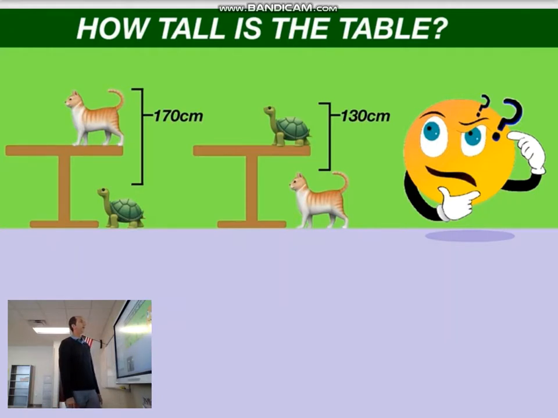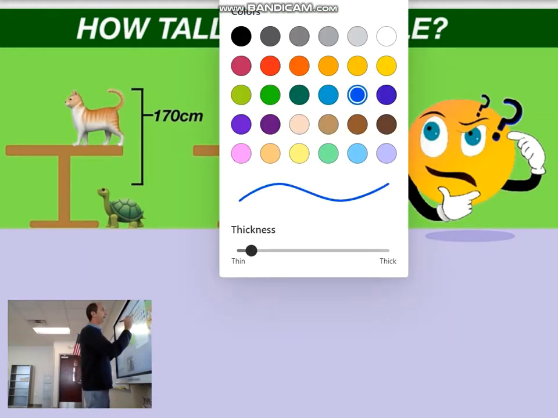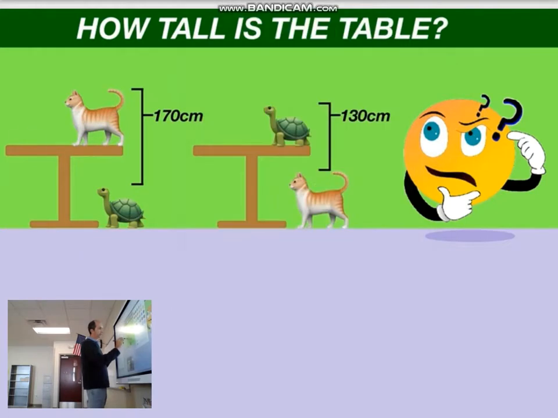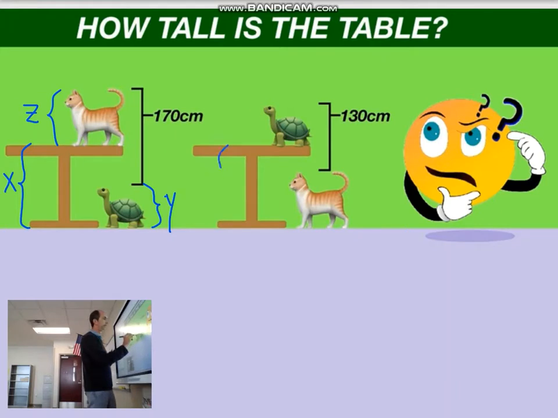How can we do it? Well, the way I thought about it is, we have here the height of the table, and the height of the turtle, let's say, is y, and the height of the cat, let's say, is z. The same thing in the second situation, and now the cat is down on the floor, and the turtle is up on the table.